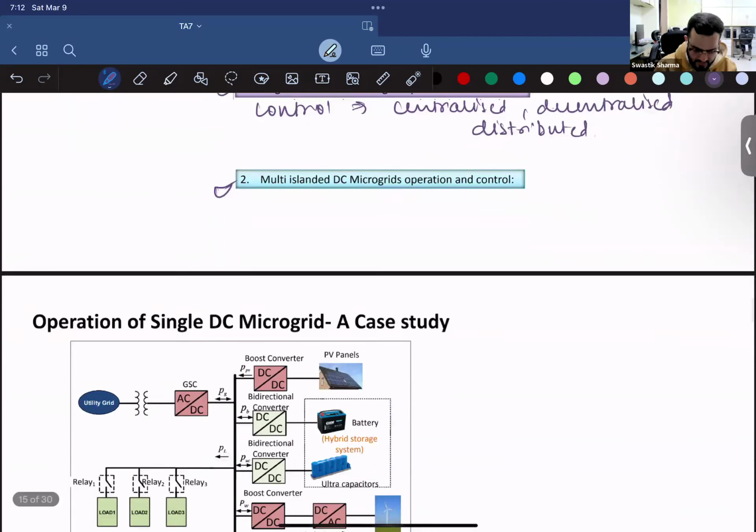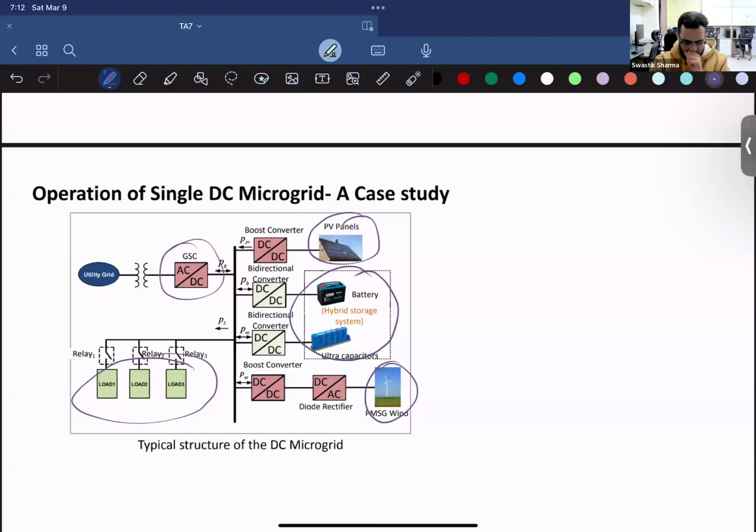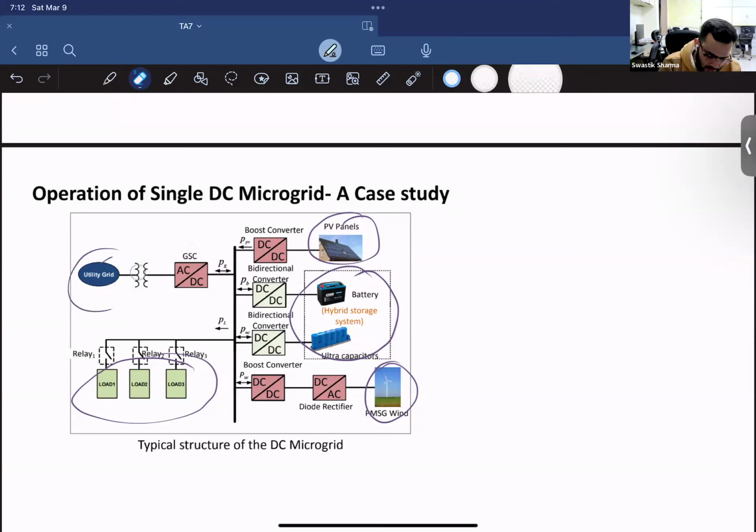Let's discuss. So we have a single DC microgrid, which is islanded, let's say. We have PV panels, a hybrid storage system, a PMSG wind, some loads, and a grid side converter. This grid side converter is connected to the utility grid. Let's say for an islanded mode of operation, this utility grid is no more there.